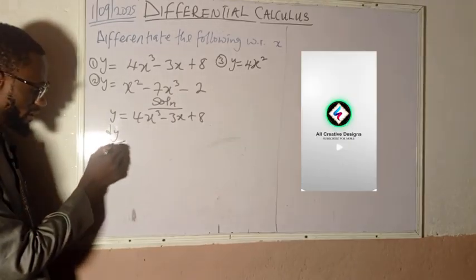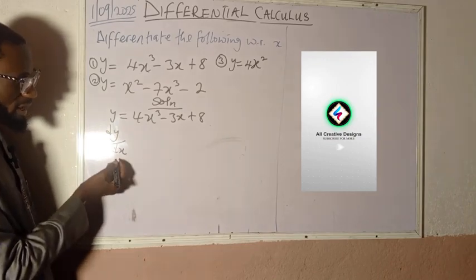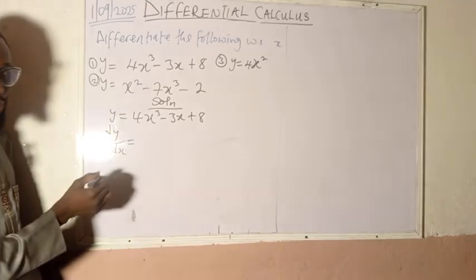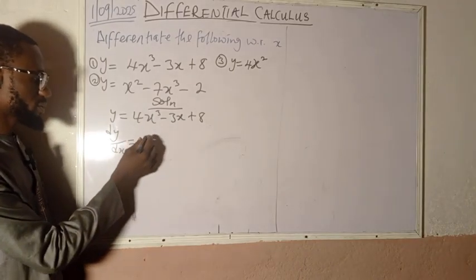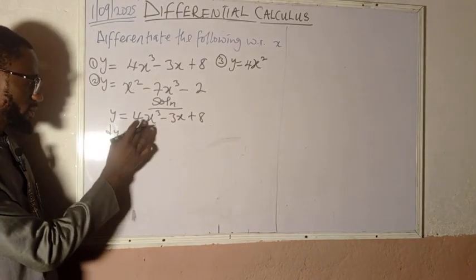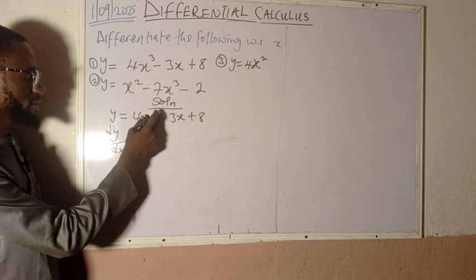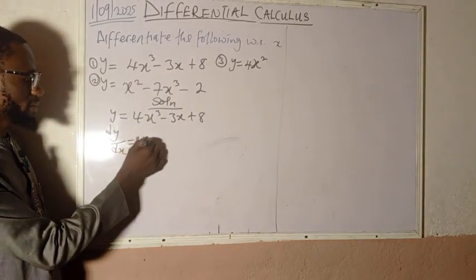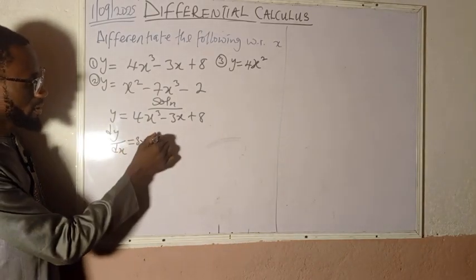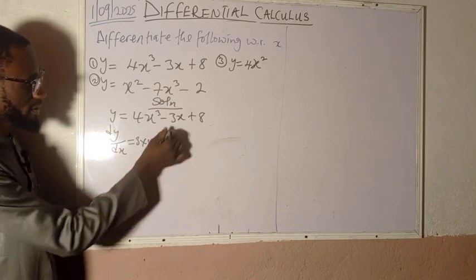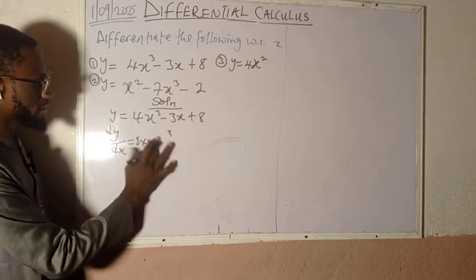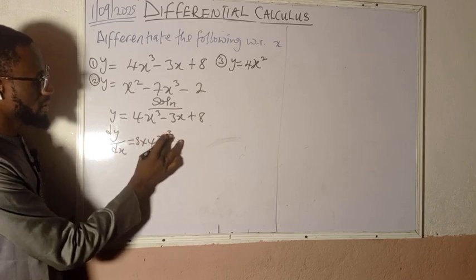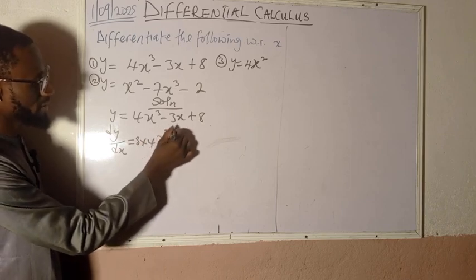Therefore dy over dx is equal to this 3 multiplied by this 4, so we have 3 times 4x raised to the power 3 minus 1.